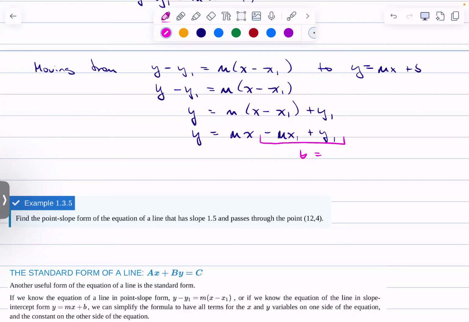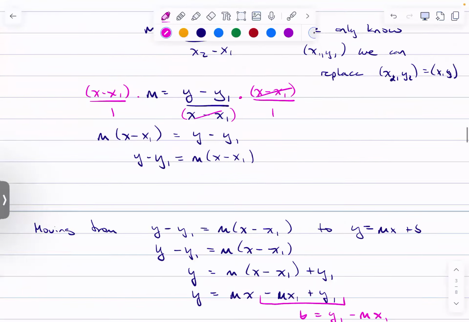If b is, let's say, y1 minus the slope times x1, just so I don't have that minus mx and then plus y1. Right. Then I have y equals mx plus b, where b is now a placeholder. Let's try it.